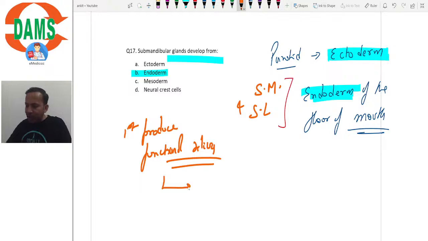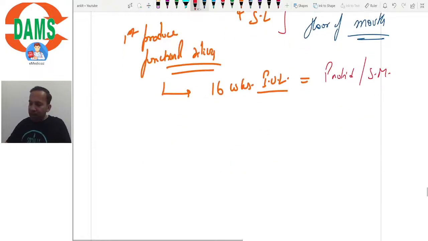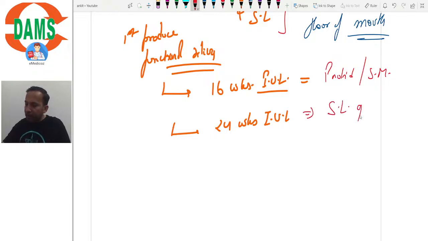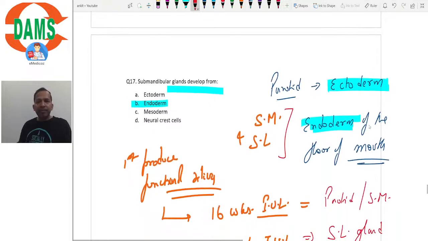They will produce it at 16 weeks of intrauterine life for parotid and submandibular, whereas the first functional saliva is produced at 24 weeks of intrauterine life for the sublingual gland, right? So the correct answer here would be endoderm, that is option B. Clear?